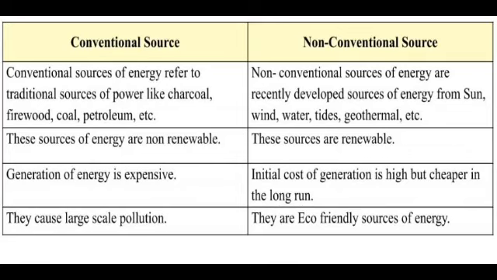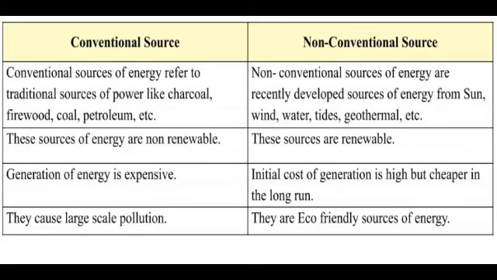So we need to understand the demarcation between conventional and non-conventional sources of energy. Conventional sources have been put into use since ages, while non-conventional sources have been developed recently. Conventional sources are non-renewable, that is, exhaustible. Non-conventional sources are renewable, that is, inexhaustible.